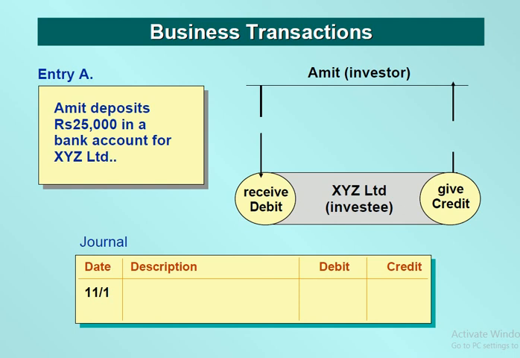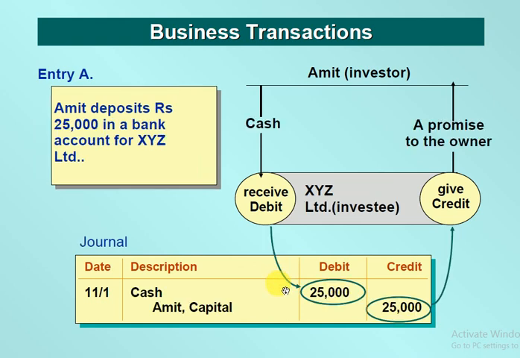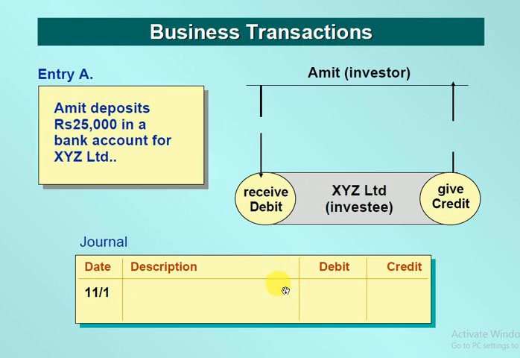Receive debit and give credit. Look at the journal format. This is the journal format: 1, 2, 3, 4, and here the optional column is also developed for recording the ledger page number.